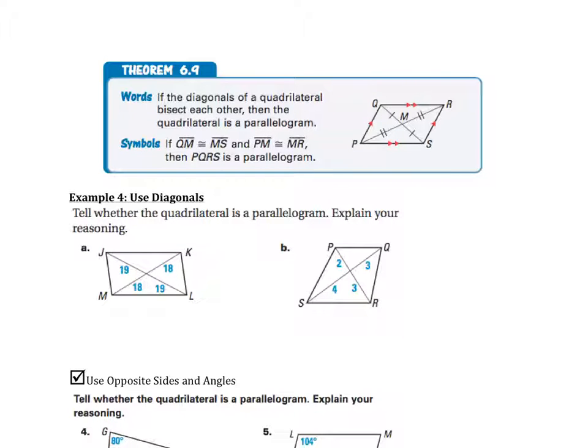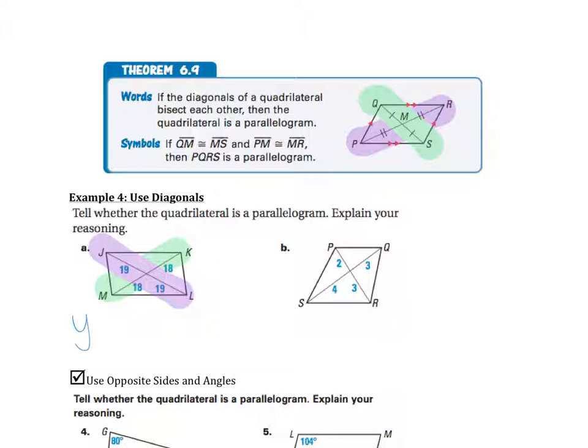And the last thing is, remember we talked about diagonals. So the diagonals must bisect each other. So we must have congruent segments within the purple and congruent segments within the green. So you look at your two diagonals. Do you have congruent segments within the green?